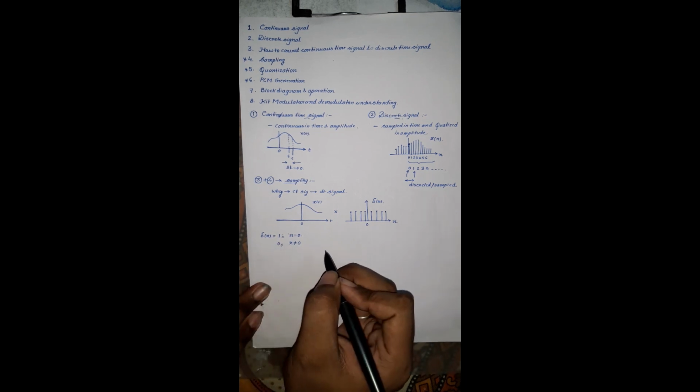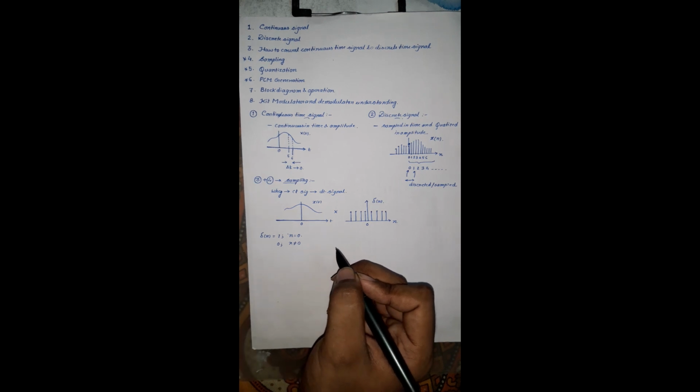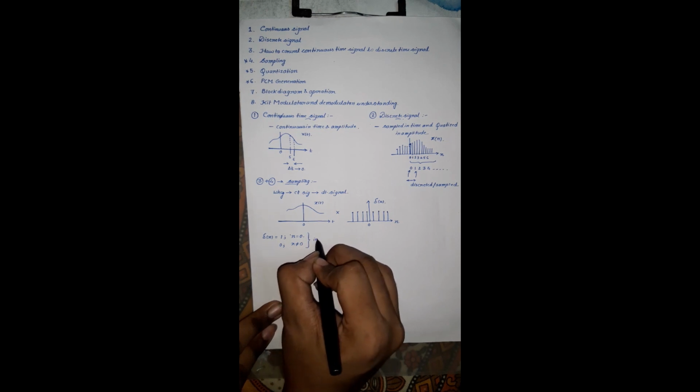What is the property of this impulse? I am writing it again, though you all know: del n equal to 1 for n equal to 0, and for n not equal to 0, del n equal to 0. In the discrete domain, the impulse signal is recognized by this.